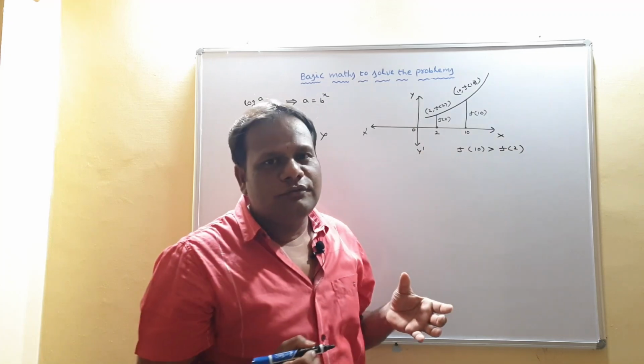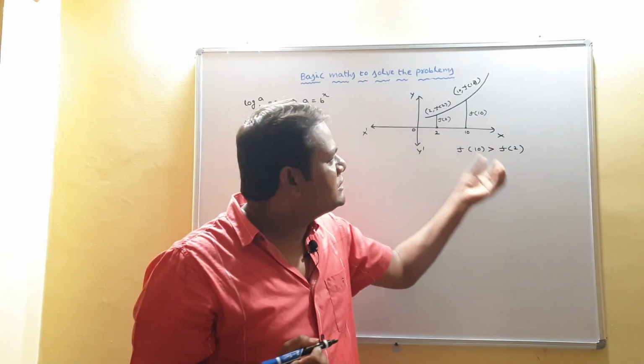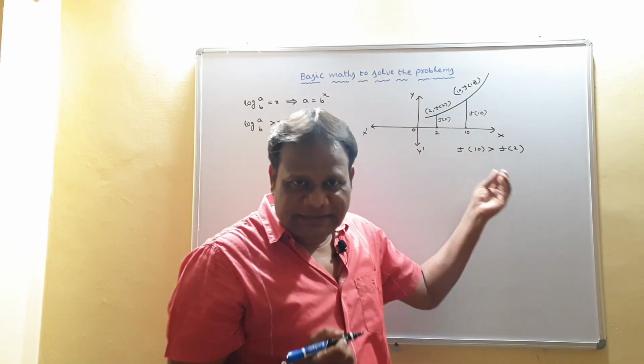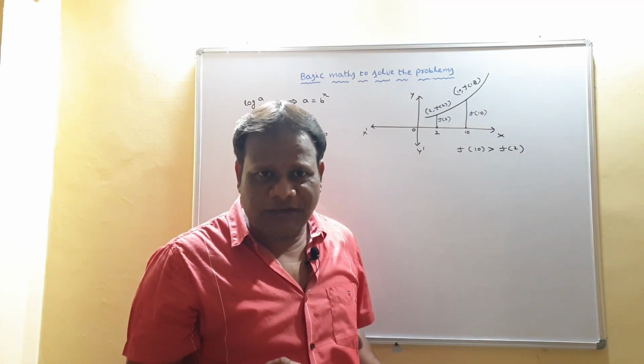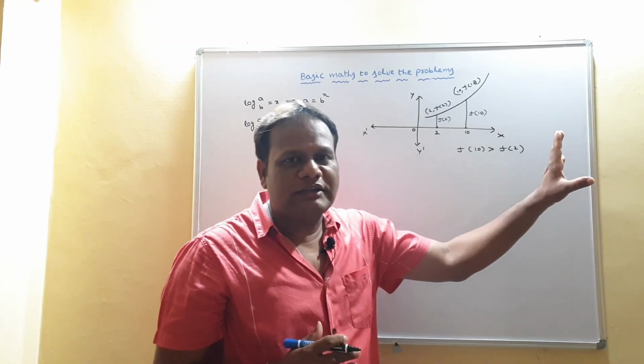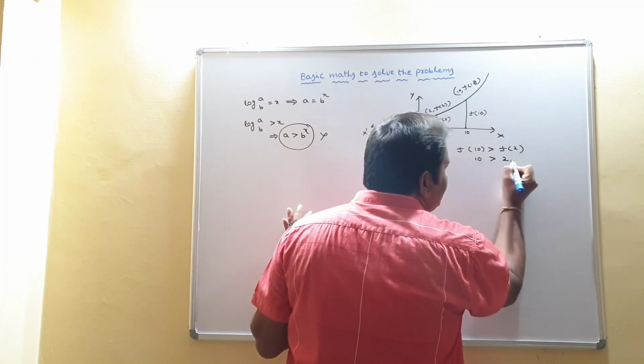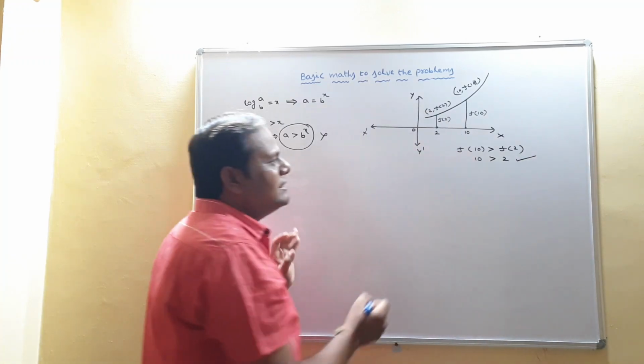Suppose you remove the function on both sides. Is it an increasing function or a decreasing function? Increasing function. Suppose blindly I remove the function on both sides. What do I get? 10 greater than 2. Is it correct? Yes, it is correct.